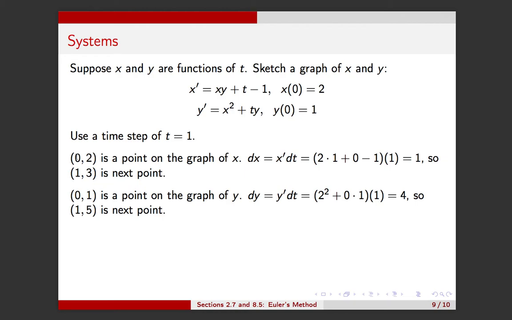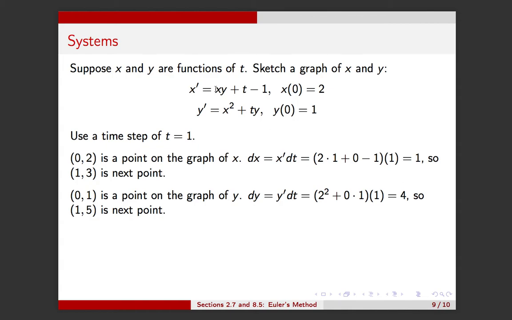That 0 is a t coordinate. And this 0 is also a t coordinate, but that's a y coordinate, right? Anyway, if you're at the point (0, 2) on the graph of x, then this formula still holds. If you want to estimate the change in x, you take the slope information for x and multiply it by your step size, your change in time.